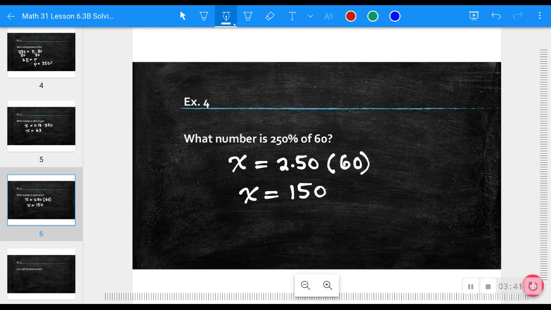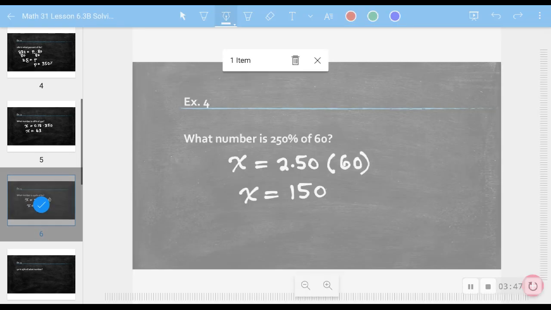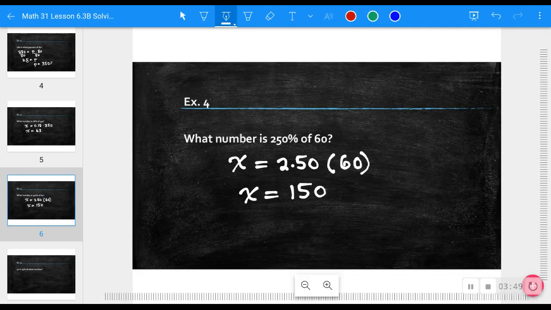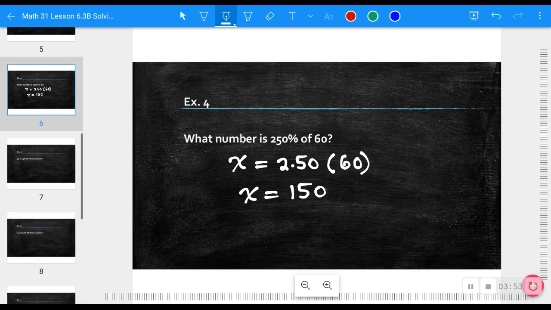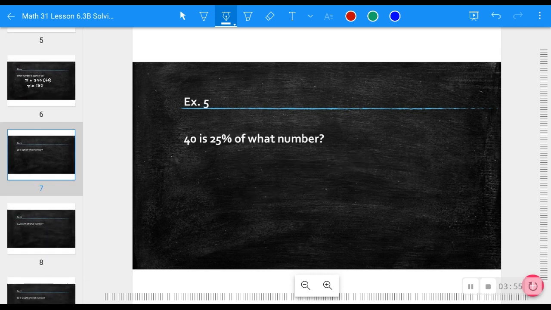Now we're not looking for a percentage this time, we're looking for a number, so just leave it at 150. You'll notice that I didn't use the variable p because I wasn't looking for a percentage. I use that when I want to remind myself that I have to convert the answer to percent format.